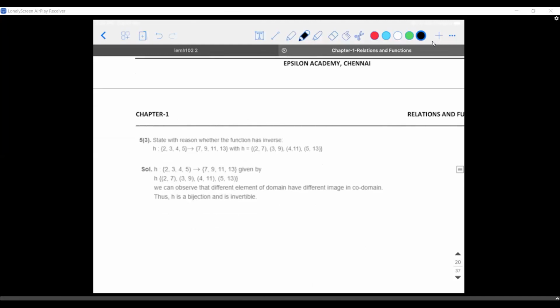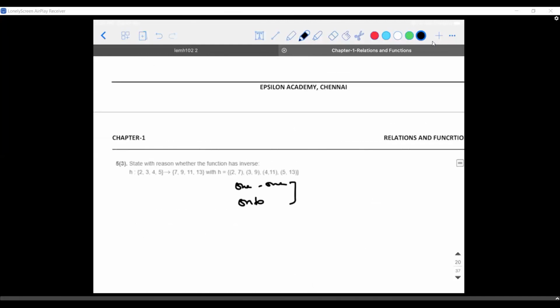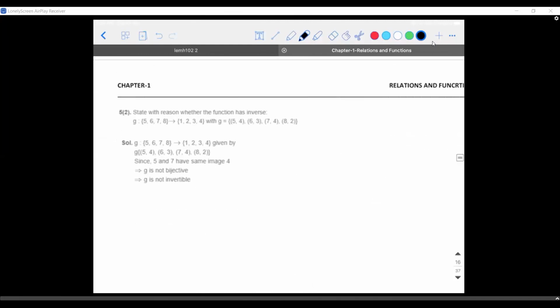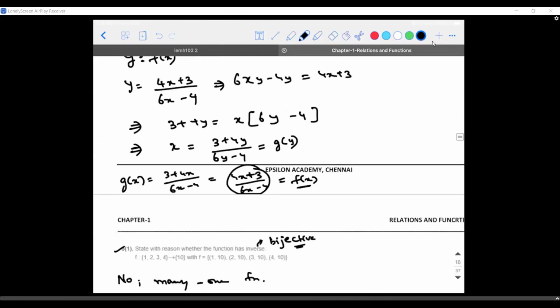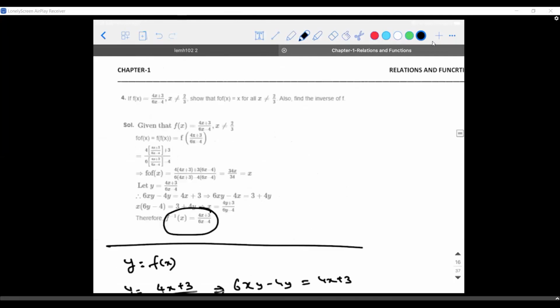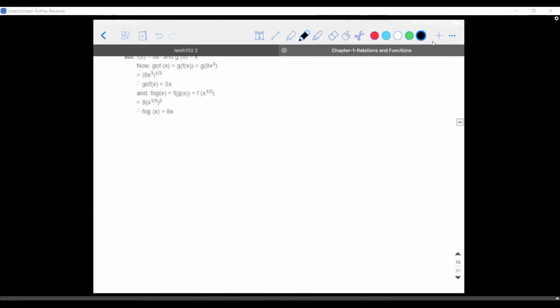So this is an extension of this problem. Fifth or fourth or that one? 1 comma a something was there. No? What problem was there?